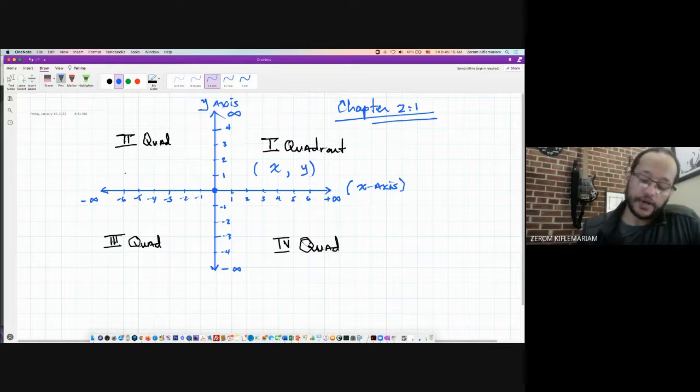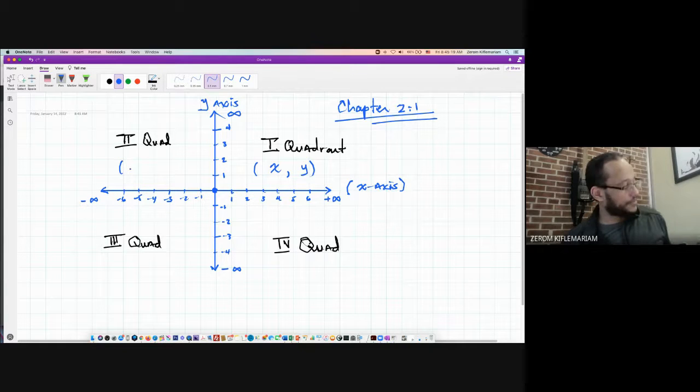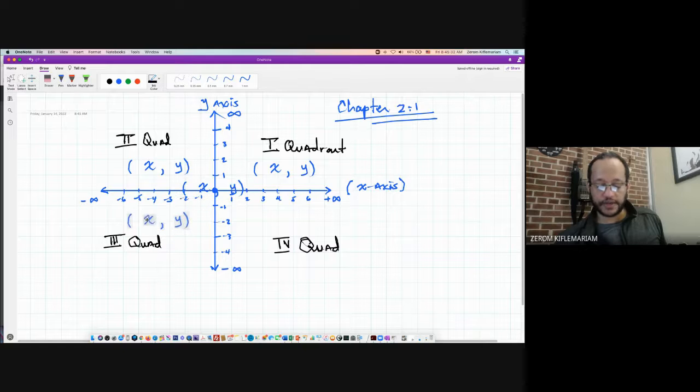In the second quadrant, let's copy this to make it easier, and we repeat. I have x and y on the left side, also x and y in the third quadrant, and x and y in the fourth quadrant.